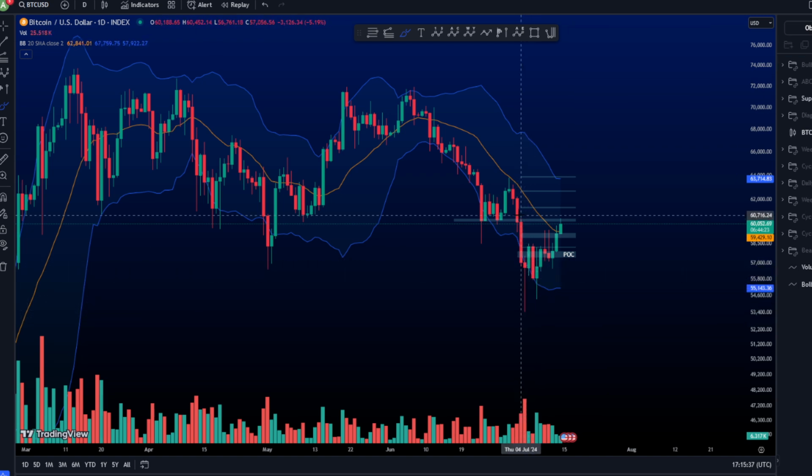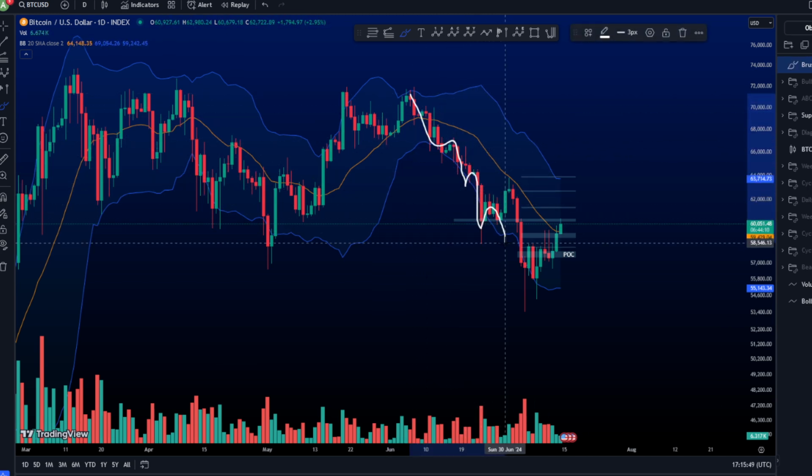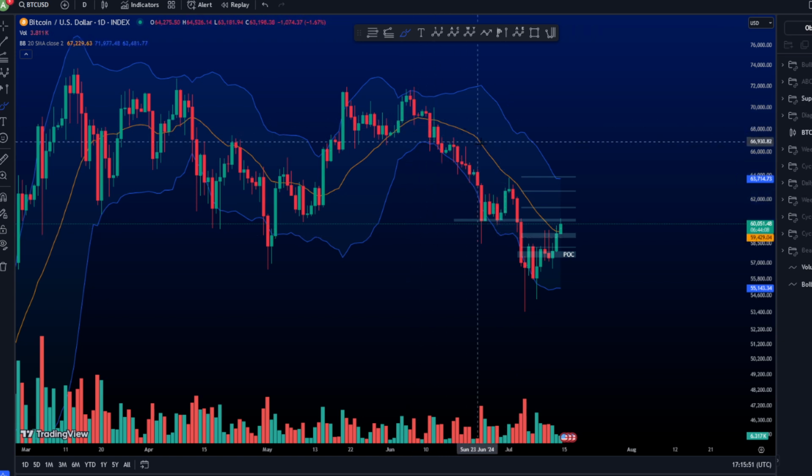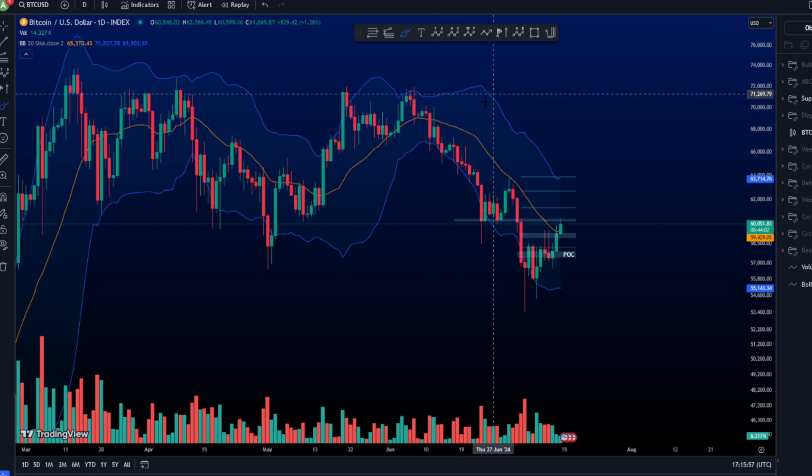How the Bollinger Bands work is that the price action moves in between those bands, and these bands can be a little bit flexible and elastic. What you see here as orange is the mid price between both bands, between the two borders.